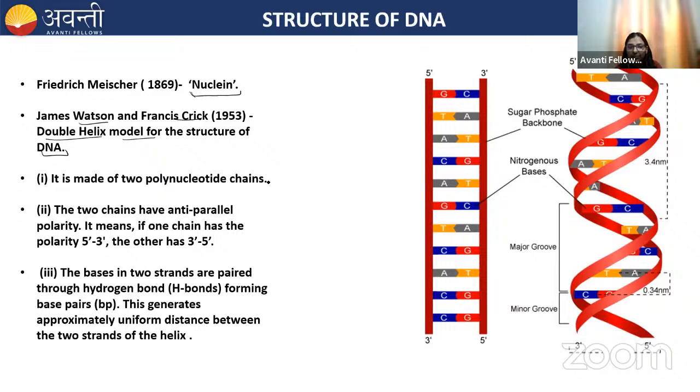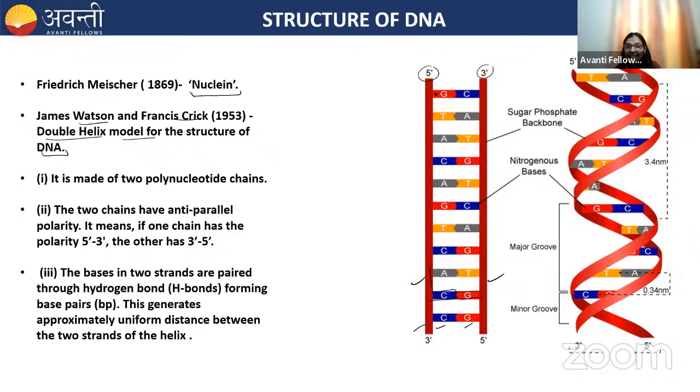According to this model, the DNA has 2 polynucleotide chains, which have sugar and phosphate as a backbone, and the nitrogenous bases are projected inward. You can see these nitrogenous bases projected inward.